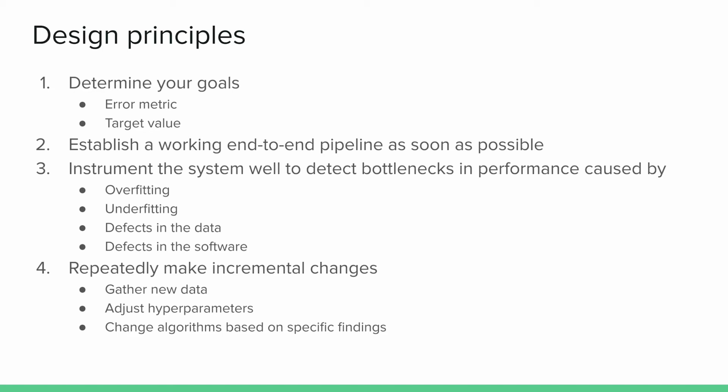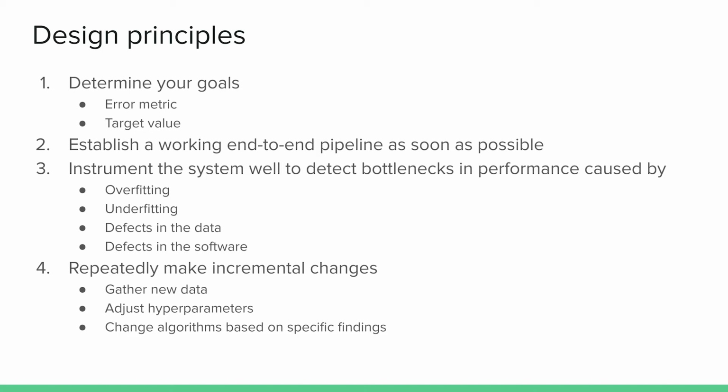For example, if you're doing image classification, well, you would like to have a high F-score, or a high accuracy of that classification performance. If you're translating languages, you want to have a low word error rate. Anything that makes sense for your problem, this is the error metric that you will be working on, and you should define which value for this is acceptable.